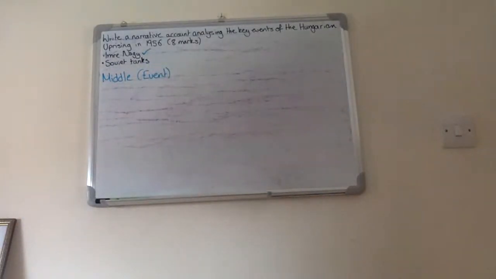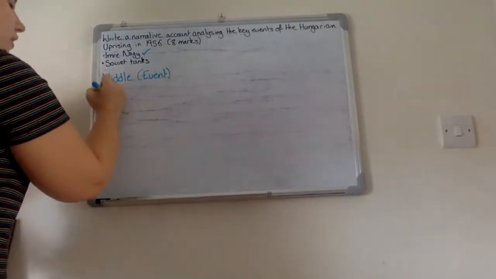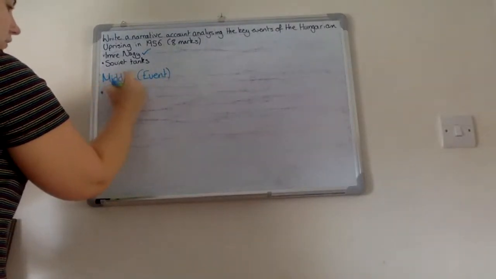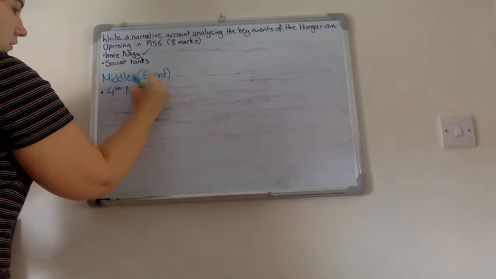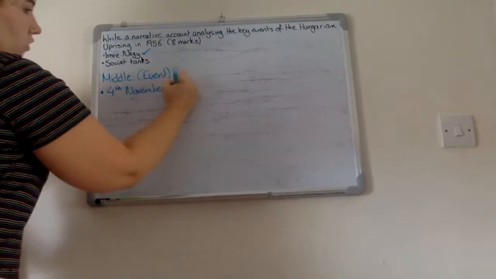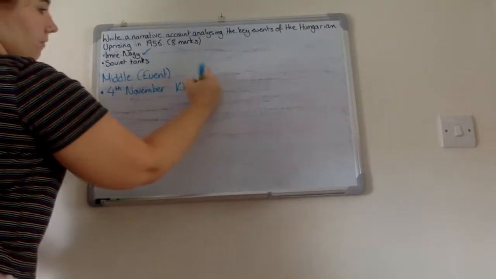Now the middle, what happens here is on the 4th of November, Khrushchev invades Hungary, doesn't he?